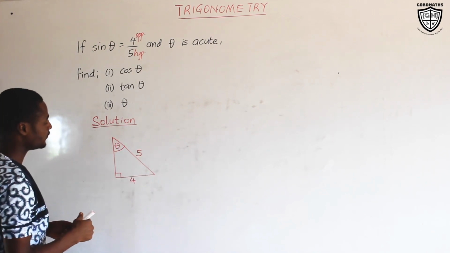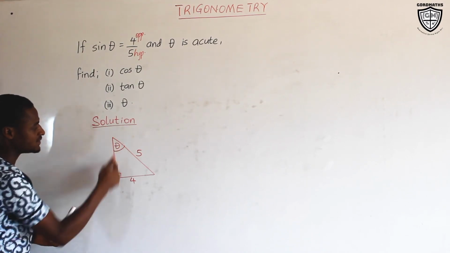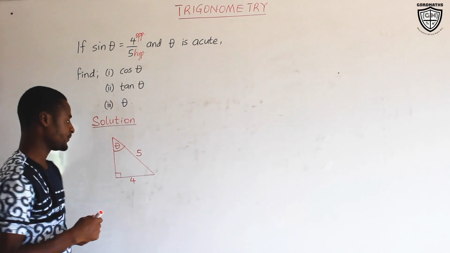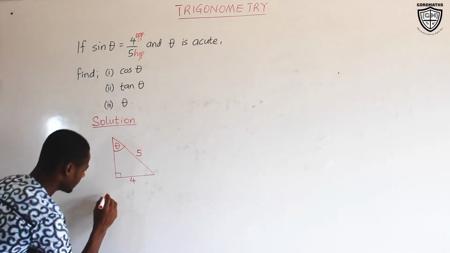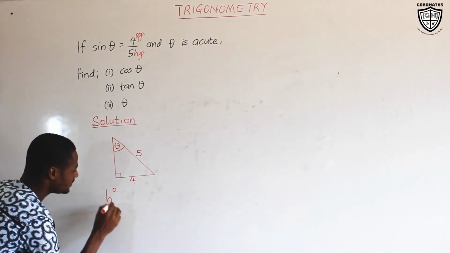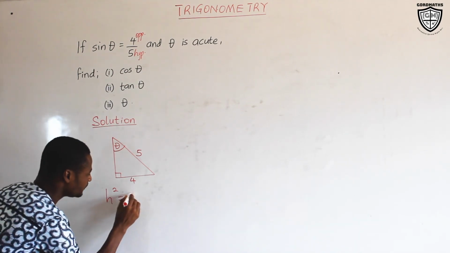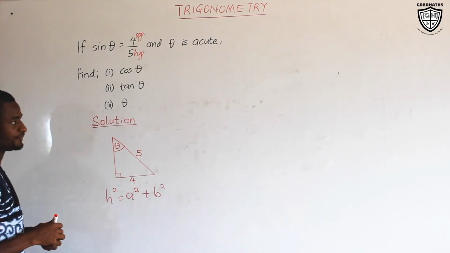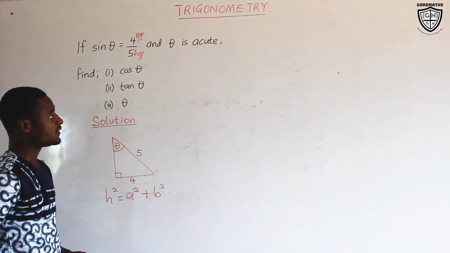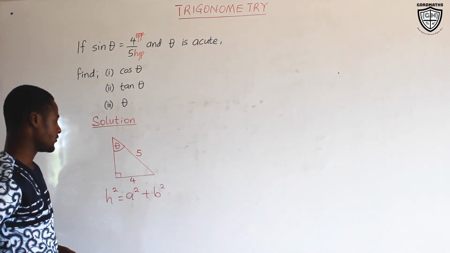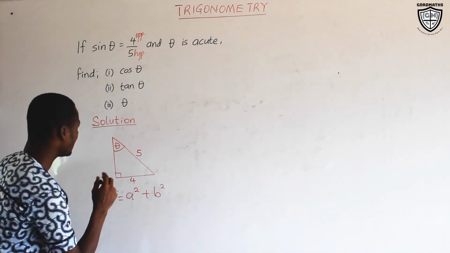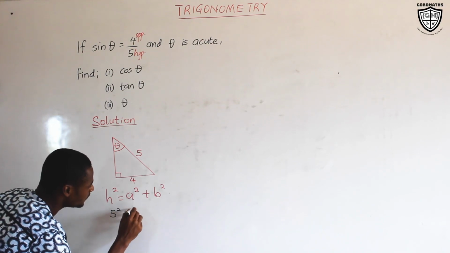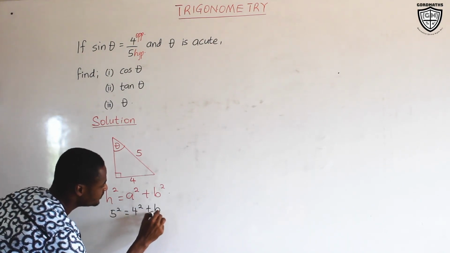From this diagram, we can also find the other side, which is the adjacent, using Pythagoras theorem, which states that the square of the hypotenuse is equal to the sum of the squares of the two other sides. And so, applying Pythagoras theorem, we will have 5 squared to be equal to 4 squared plus b squared.